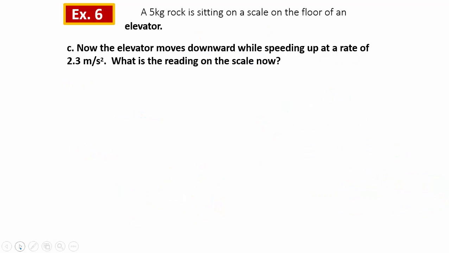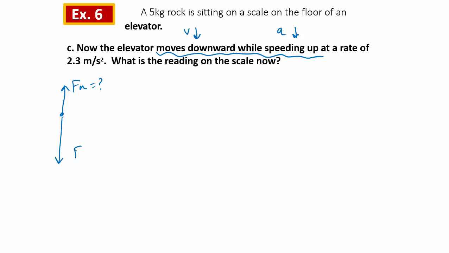All right, the next question, part C, says now the elevator is moving downward while speeding up. Downward while speeding up. So it's accelerating. It's moving downward, so velocity's down. The acceleration is going to be the same sign. Okay, so they're both negative. So we're looking for what the scale reads again, the normal force.